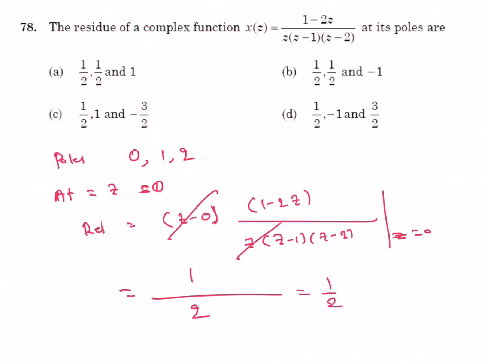So residues are, for 0 it's 1 by 2, for 1 it's 1, and for 2 it's minus 3 by 2. C is your correct answer.